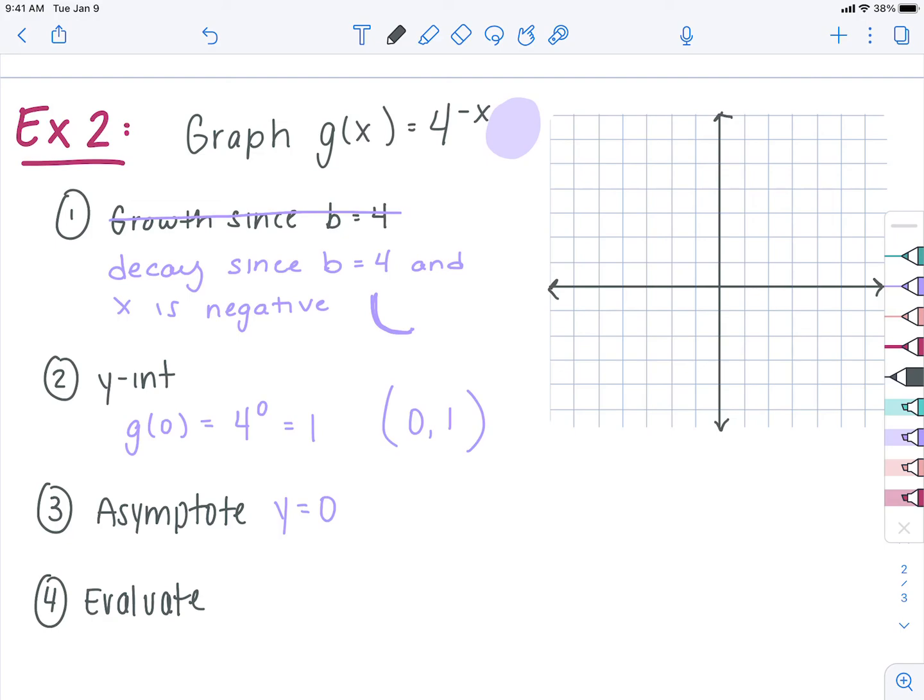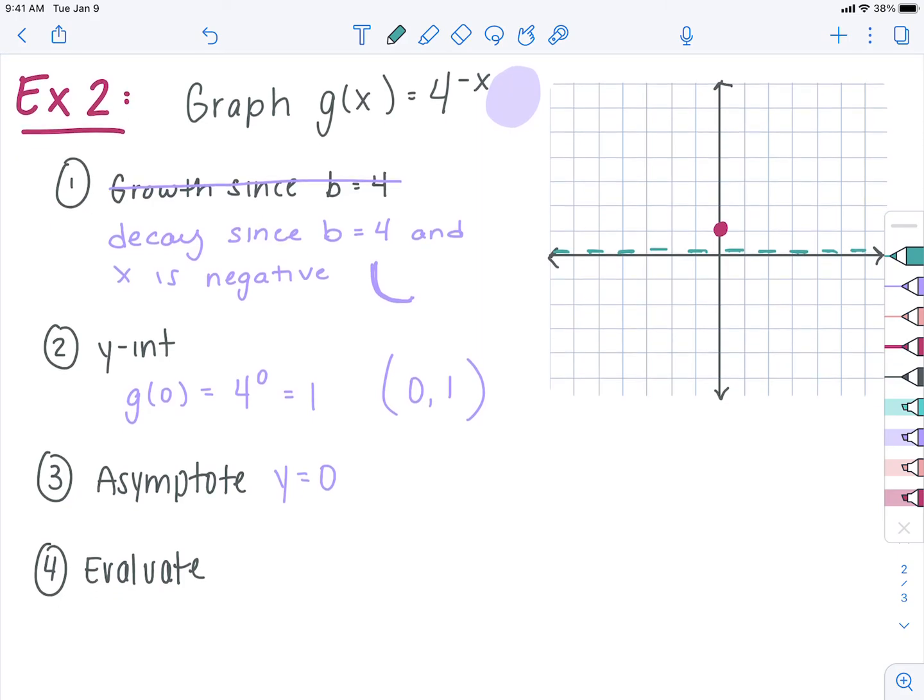So I know I've got the point 0, 1, and I've got the asymptote at 0. So just like the last equation, I'm going to plug in my same numbers. I'm going to evaluate at -1 and 1, and then I'm going to decide from there if I want to try 2 and -2. I could just do both. It wouldn't hurt. More points makes it more accurate.